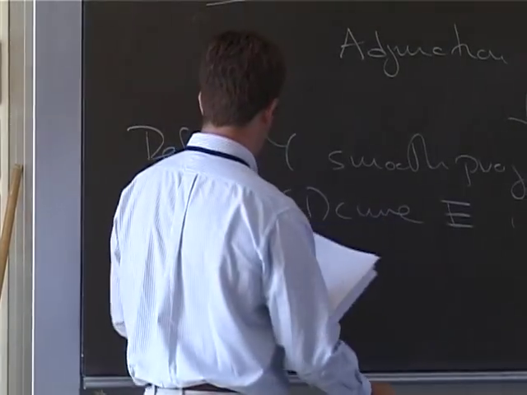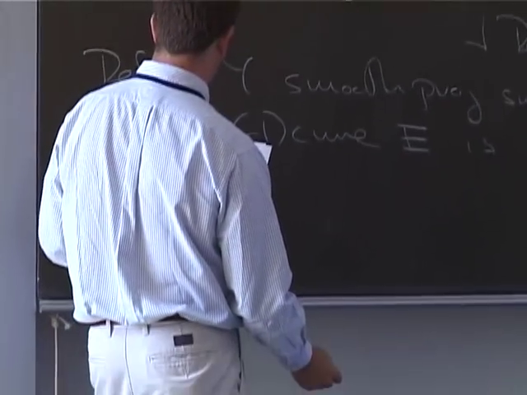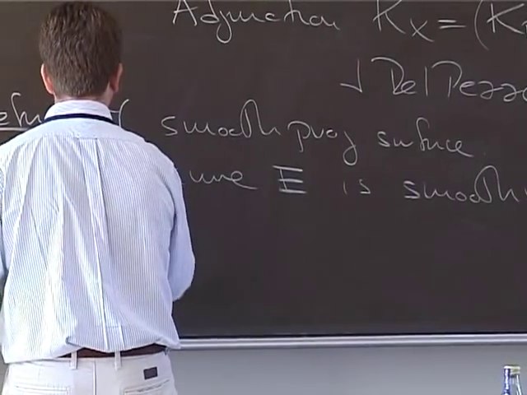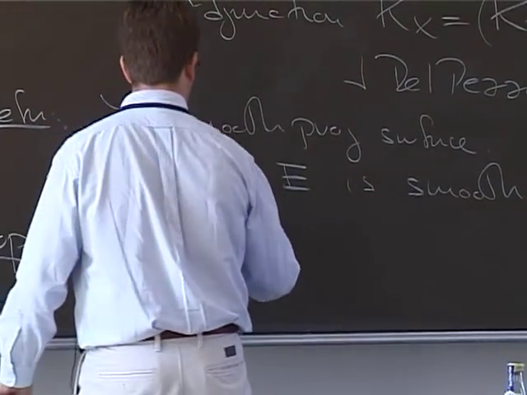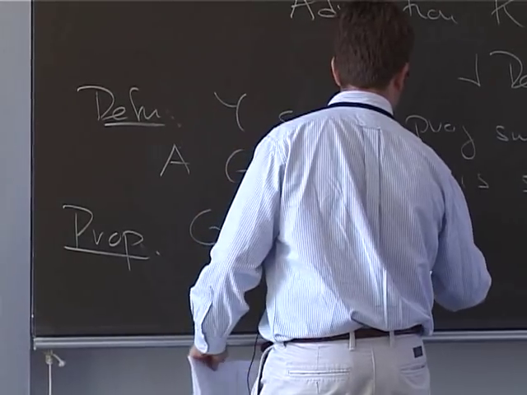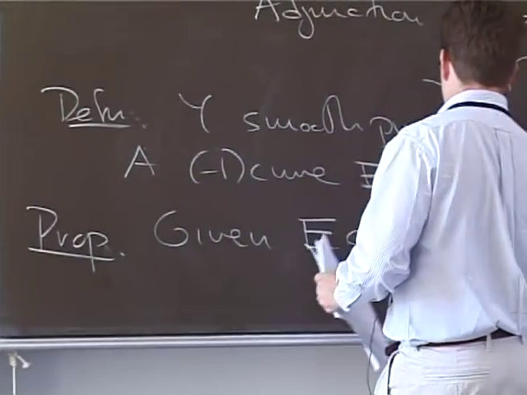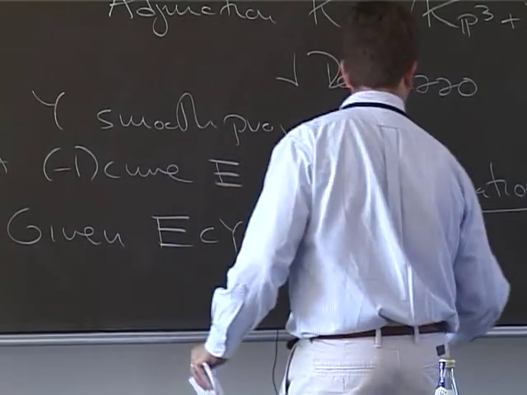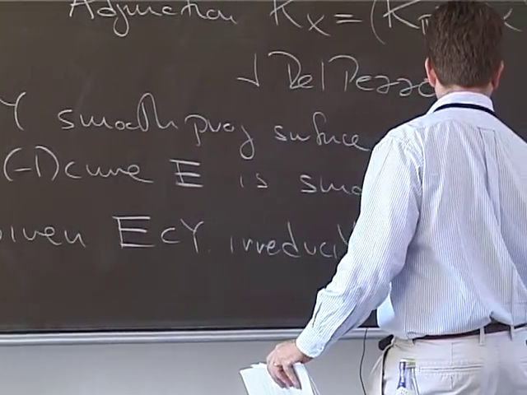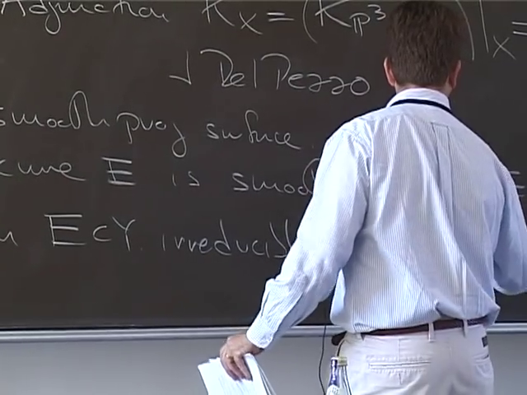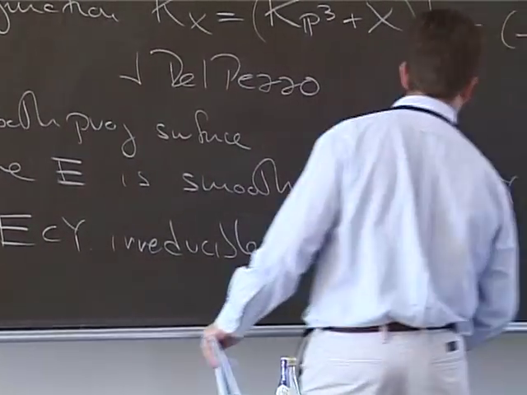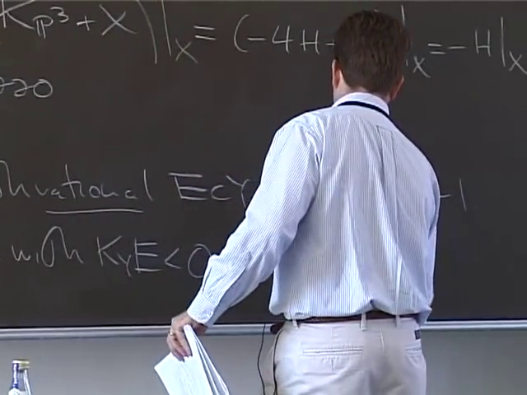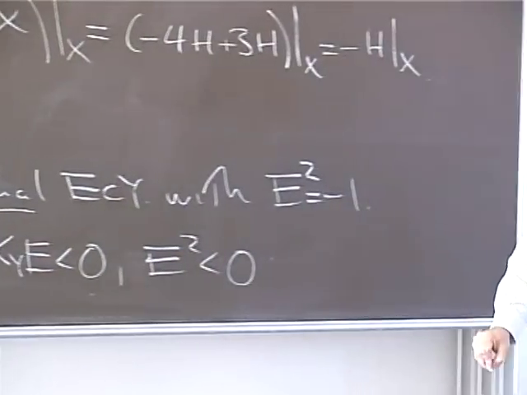So let's say we, again, have Y a smooth projective surface, and let's say we're given E in Y irreducible, so that the canonical class with E is negative and E squared is negative.